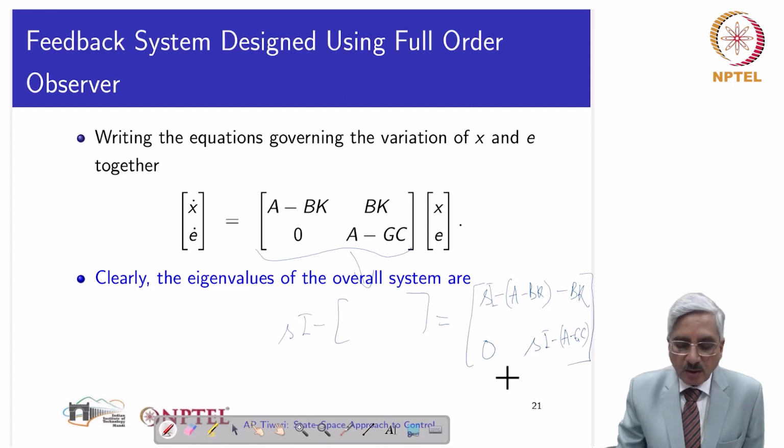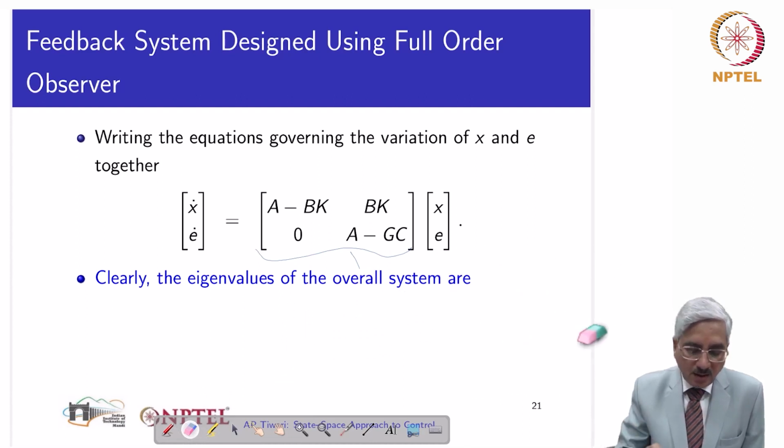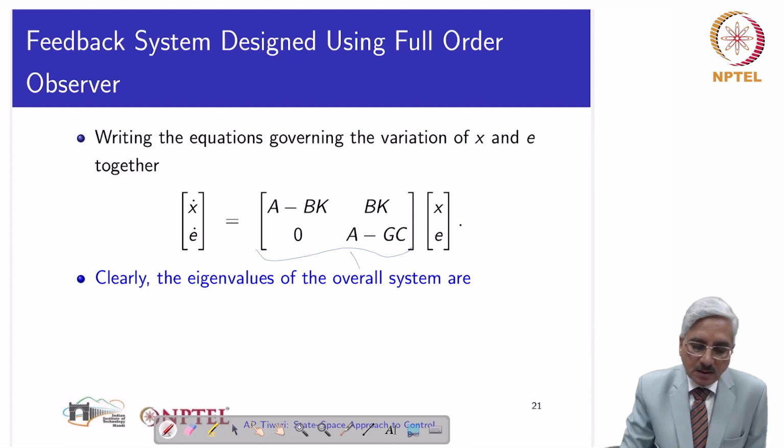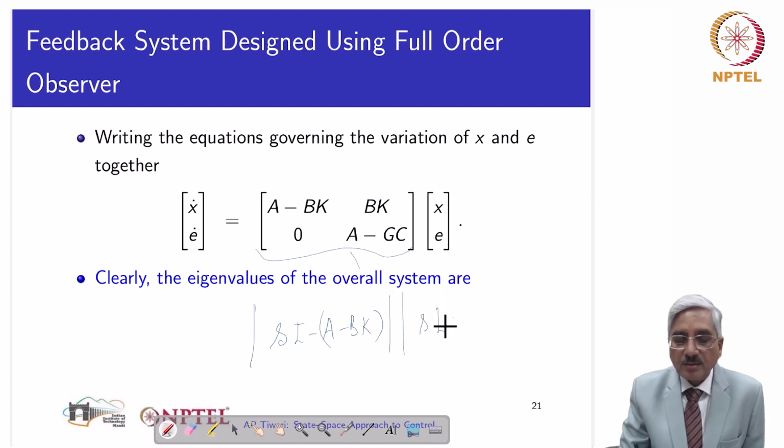And so the characteristic polynomial of this system will be obtained by taking its determinant, and that becomes determinant of sI minus A plus BK into the determinant of sI minus A plus GC.